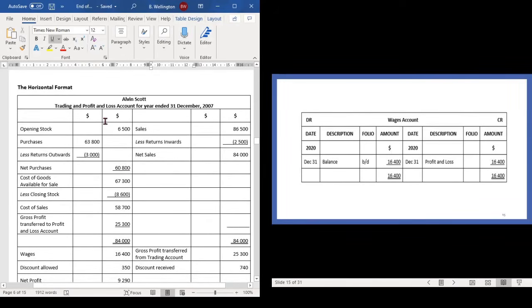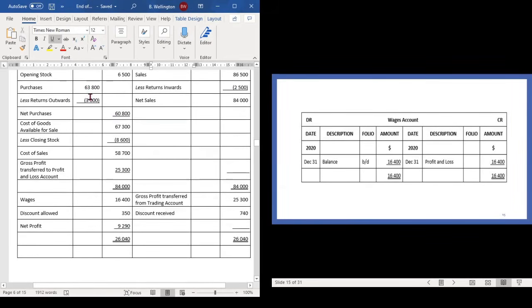Notice that we're using two columns. Now the two columns will enable us to show and make adjustments to our purchases and our sales. Okay? It will enable us to show adjustments to our sales and purchases and other items.